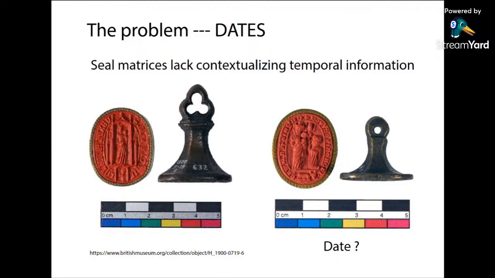Now, as I said at the beginning, our seal matrices are discovered largely archaeologically. They may come out of the ground. And when they do, they don't have really clear information about when they were in circulation. That is something which we have to make an argument for.